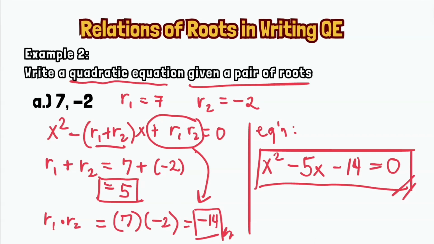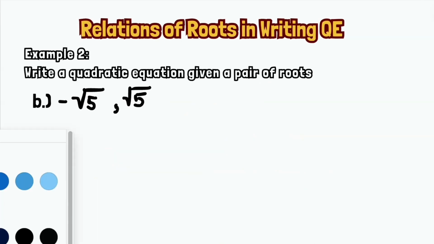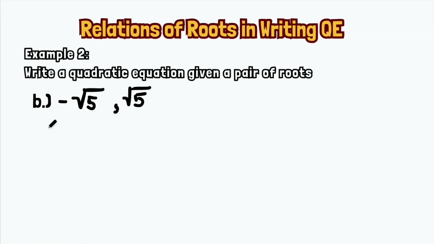So allow me to present to you the second example. We have this particular example, negative square root of 5. Then the second root would be square root of 5. So allow me to write here root 1, that is negative square root of 5. And the root number 2, we have positive square root of 5.